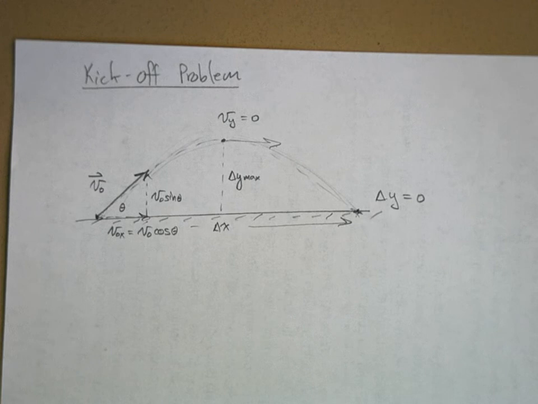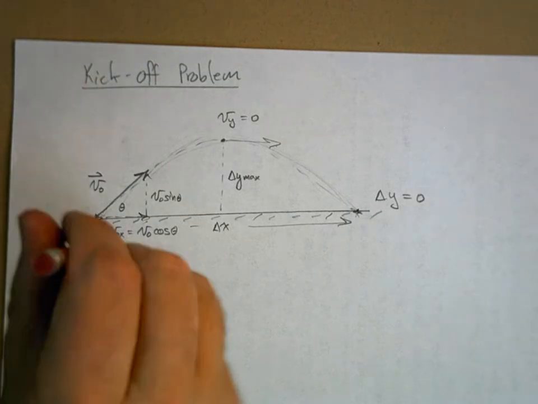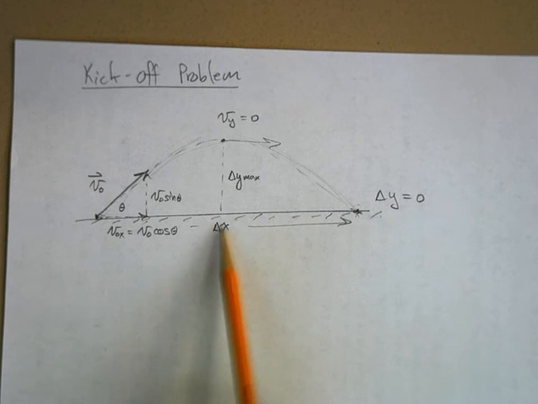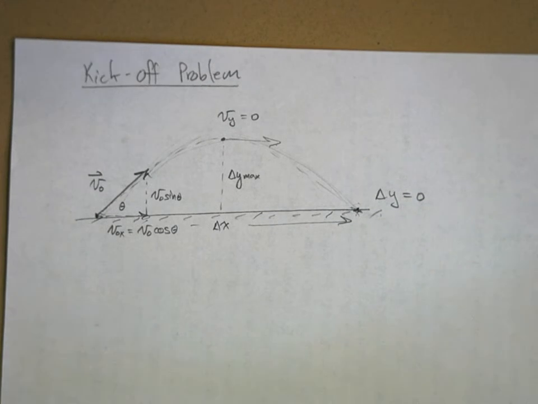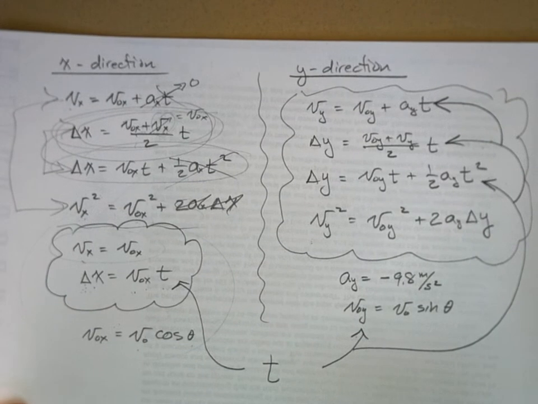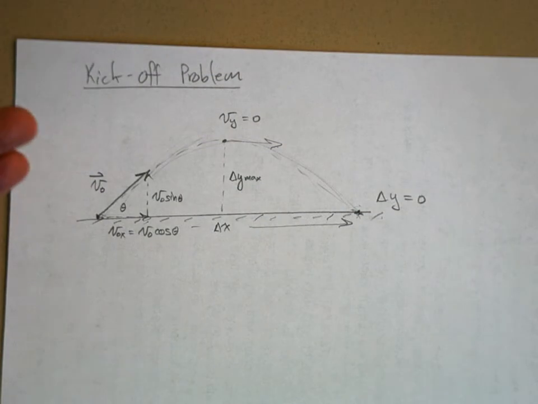So you can use these facts, that delta y is 0 for the whole thing, as well as these equations here, to solve the problem. And you're almost always going to look in the y direction and deal with time, and then use that time in the x direction. Or you're going to do the opposite: look in the x direction, find time, and then use that time in the y direction.